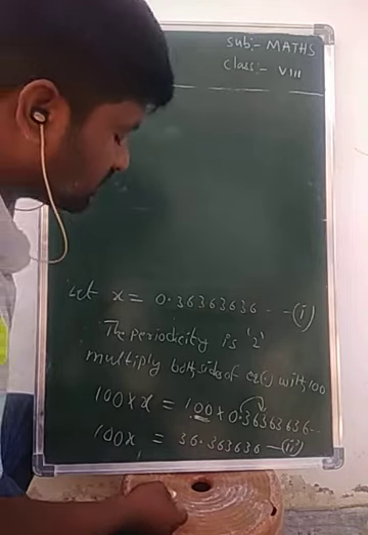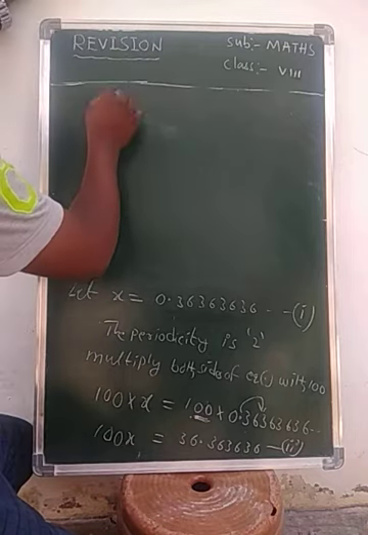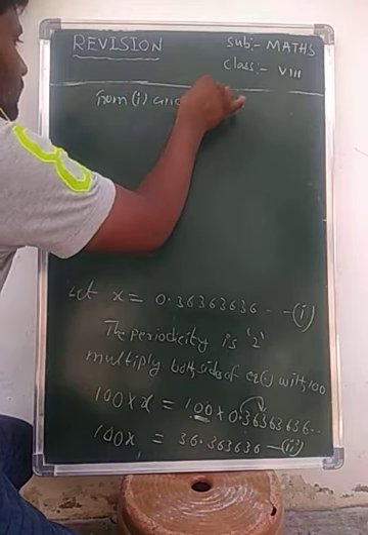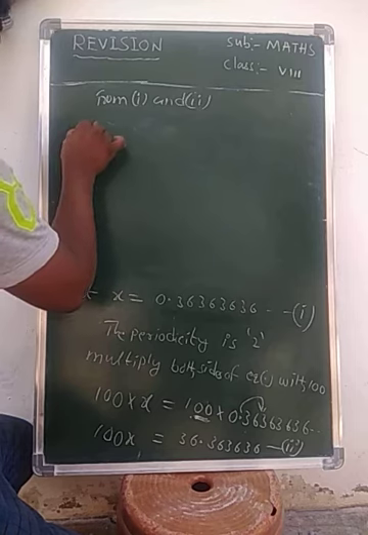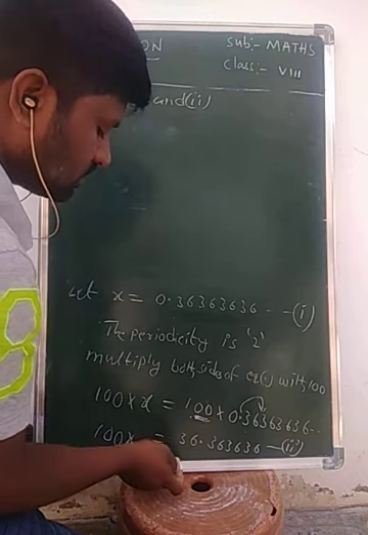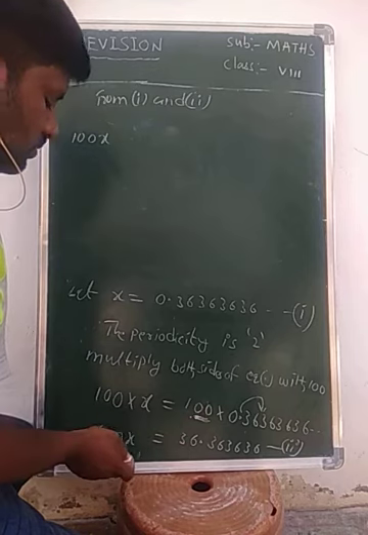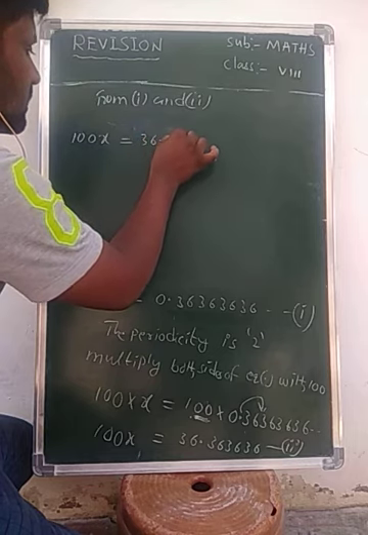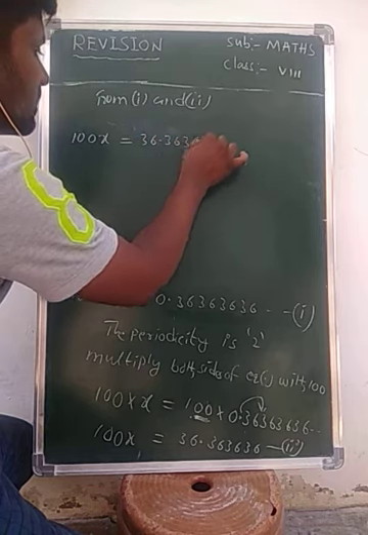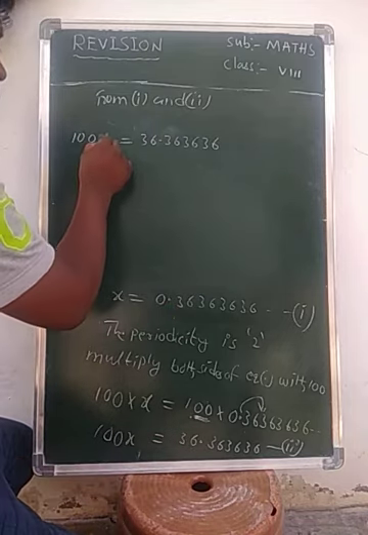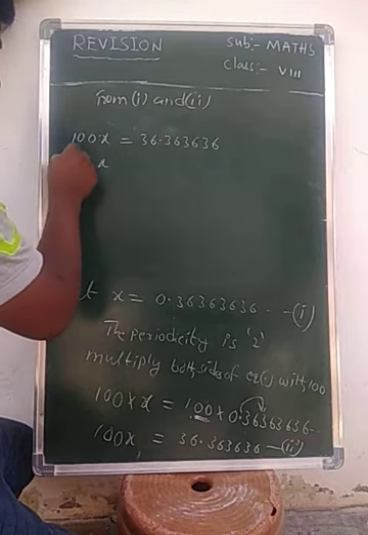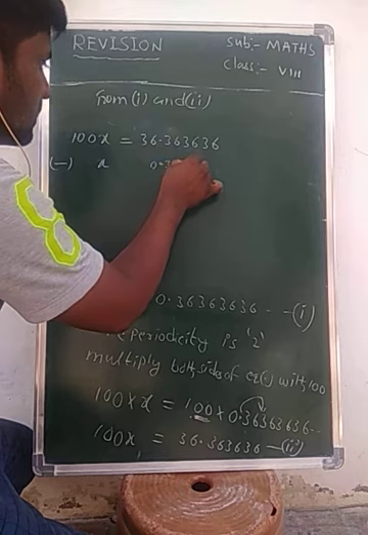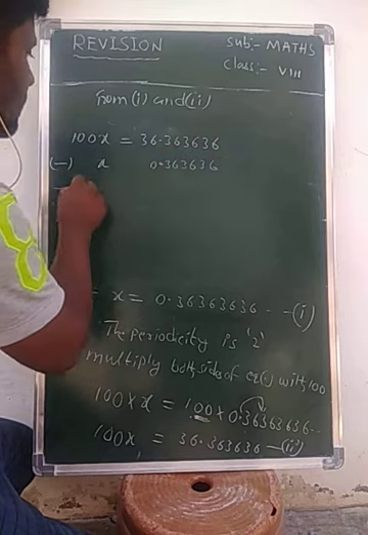Now what I am doing, subtraction of equation 1 from equation 2. So I am subtracting the first equation from the second equation. So I am writing 100x equals 36.3636, and the first equation 0.3636.